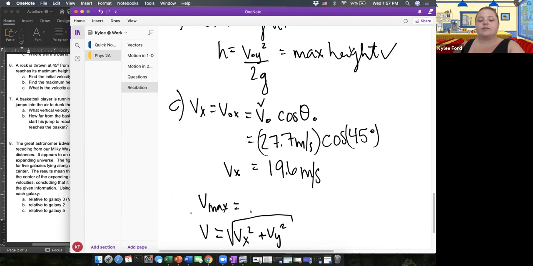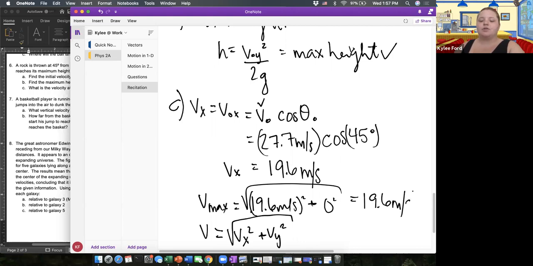So I need to do the exact same thing to find my velocity. So my velocity at my maximum is going to be that 19.6 plus my velocity at maximum of the y component, which is just 0, meaning that it's just going to be 19.6. But I wanted to show you guys how you would do this theoretically. It's not always going to be 0 in the y, but when it is at maximum, of course, it is.